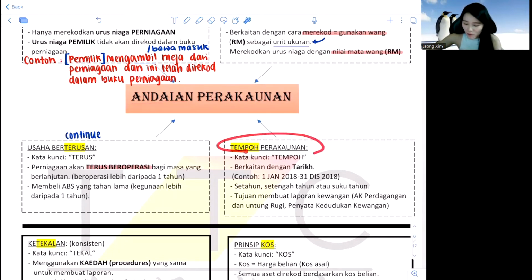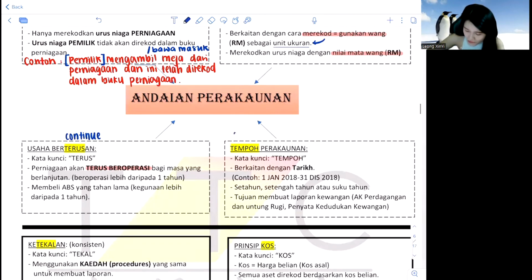That's called tempo perekanan. Tempo stands for a period of time, a certain period of time. So I'll give you a date, to be exact, tarikh, date.